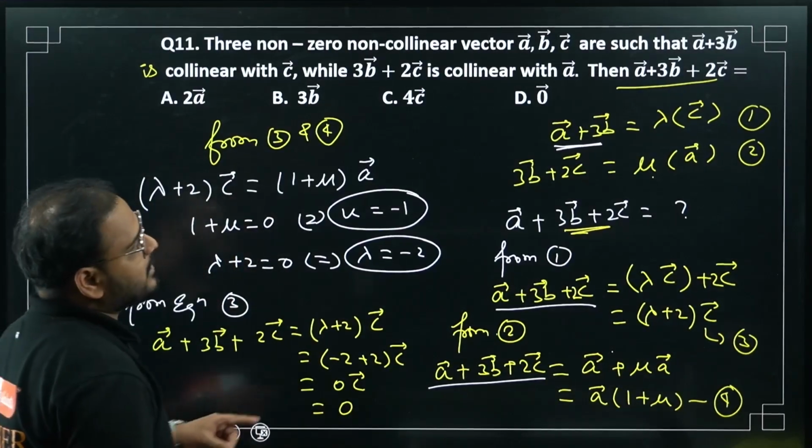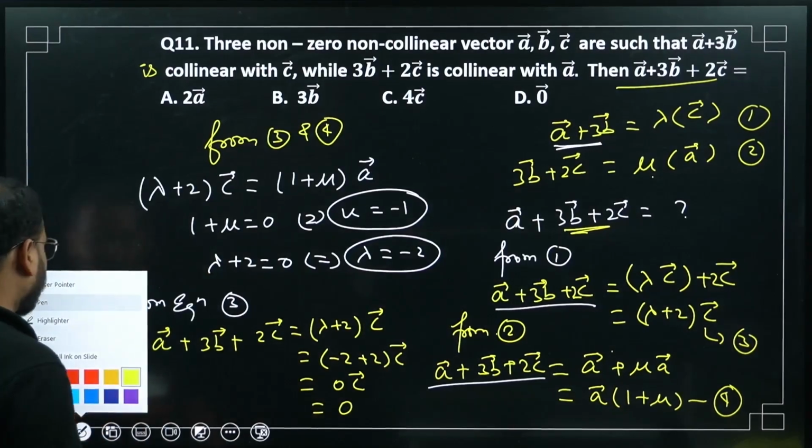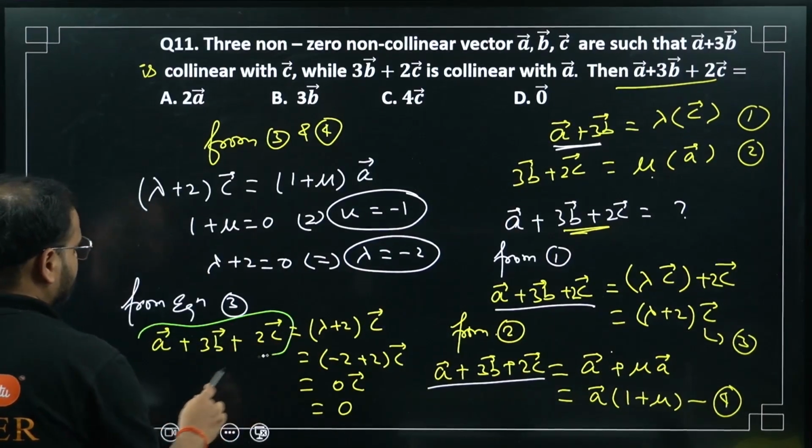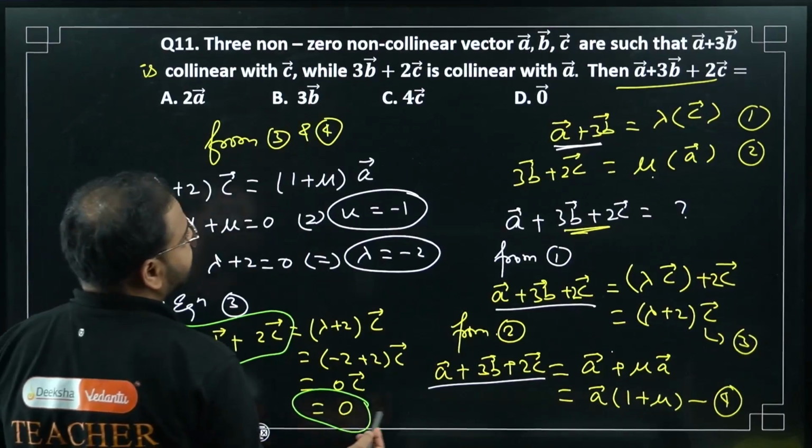So the given value that they were looking for, A plus 3B plus 2C, is equal to 0.